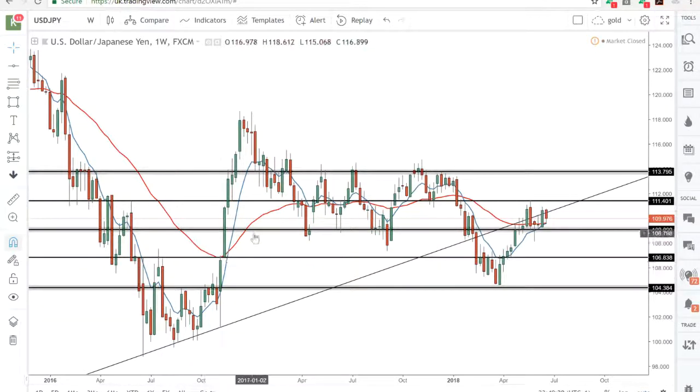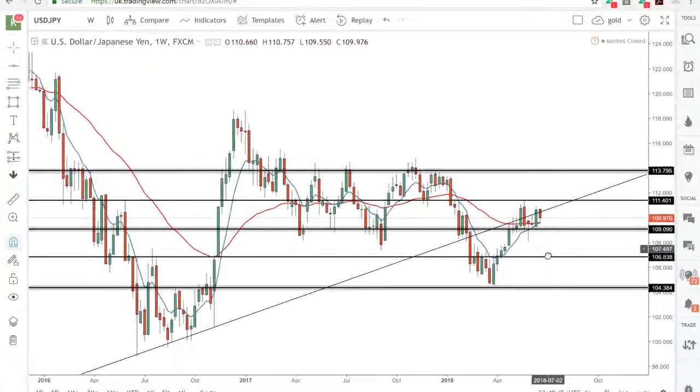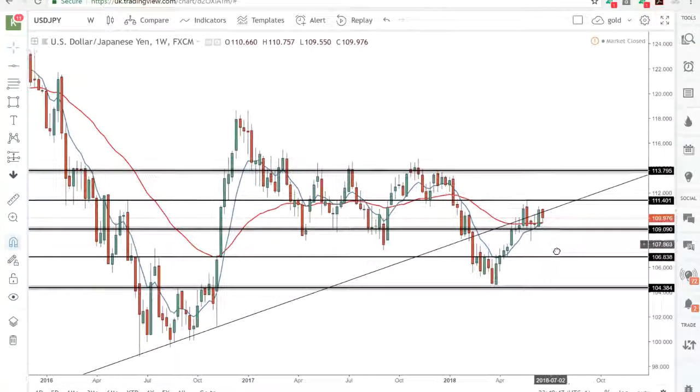You can't possibly draw a key level or a trend line that meets every wick, because you'd have millions of lines on your chart. And that's what I was talking about earlier about overcluttering your chart. You want to have a nice simple chart, so try and limit it to as few lines as possible. Keeping it nice and simple.